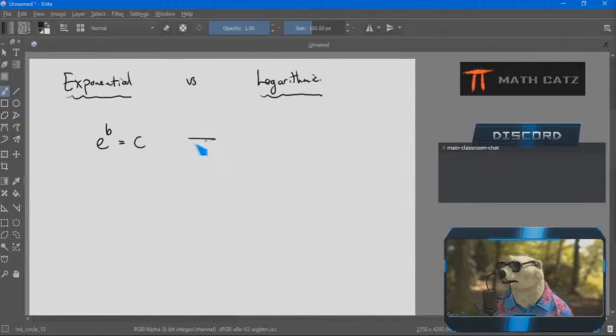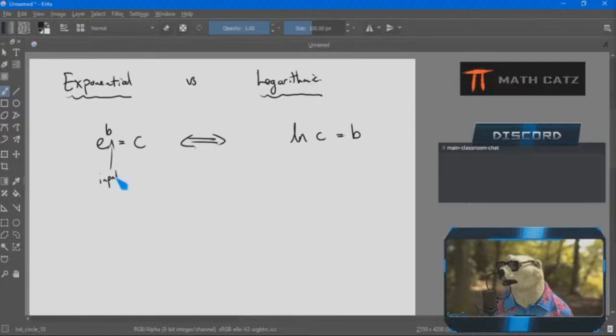The equivalent side, but on the logarithmic way of looking at it, is just a little backwards. The logarithmic side is going to say, you give me the answer of the exponential calculation, and I will then tell you what power of e will get you that answer. So the role of the b and the c are switched around.